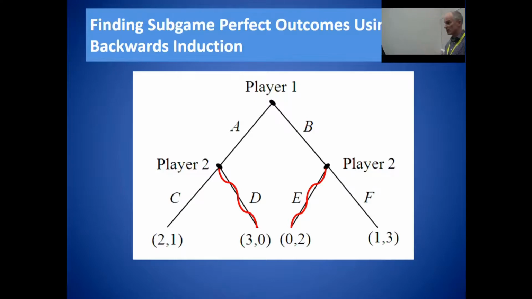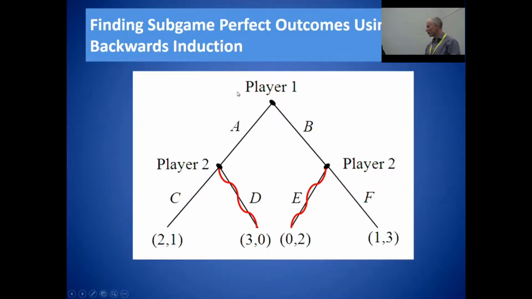And that's it for the first part. We've identified the optimal outcomes in the final round of subgames. On the left, it's to choose C. On the right, it's to choose F. We take those as given, and then we move to the preceding round.